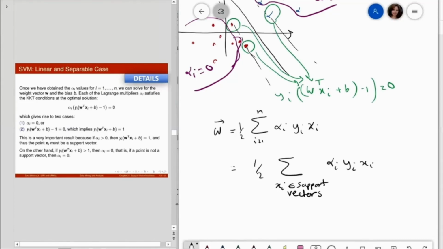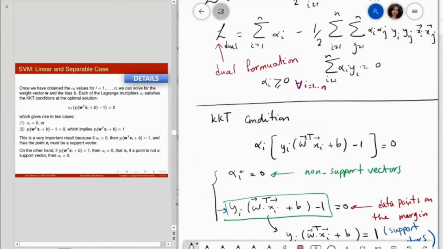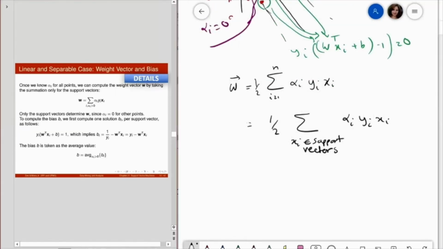Also, we don't need to find alpha i's for all of our data points anymore. We just need to calculate alpha i's for our support vectors. That is way easier, with far fewer parameters to learn, because we know alpha i's for the rest of the data points are all equal to 0. So this is a very interesting result that is going to help us solve our problem way more easily.